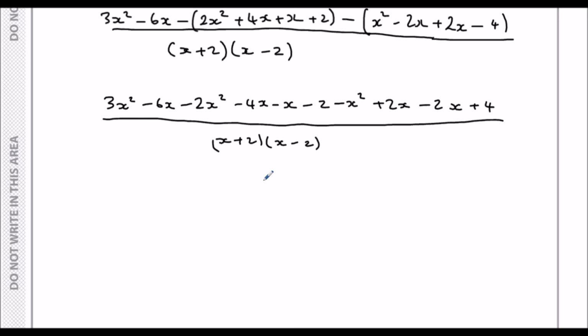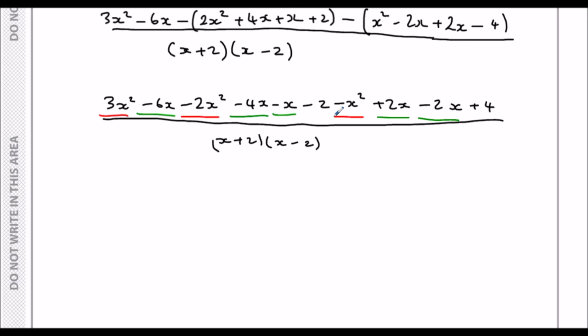Now I'm going to collect the like terms. For x squareds, I've got 3 x squareds, take away 2 x squareds, take away another x squared, which is no x squareds. I've got minus 6x, take away 4x, which is minus 10x, minus another one, minus 11x, and then plus 2x and minus 2x does nothing.